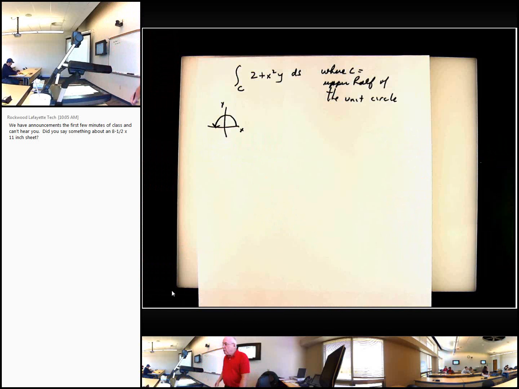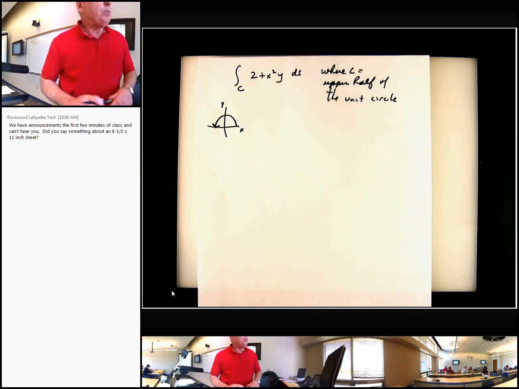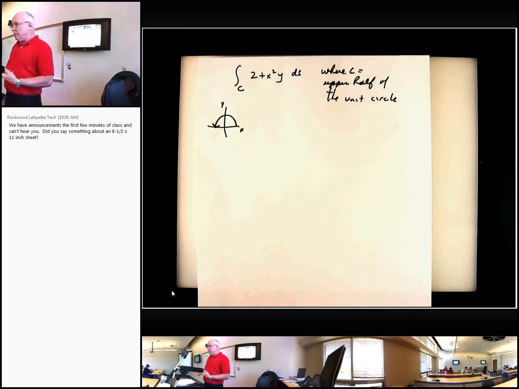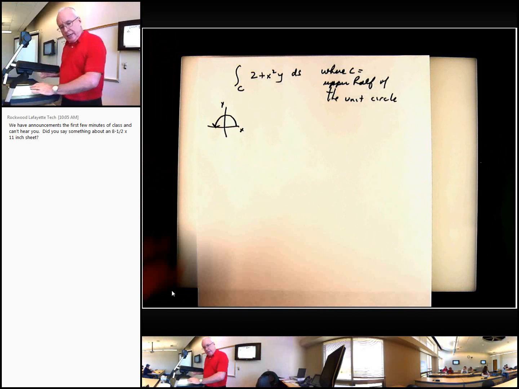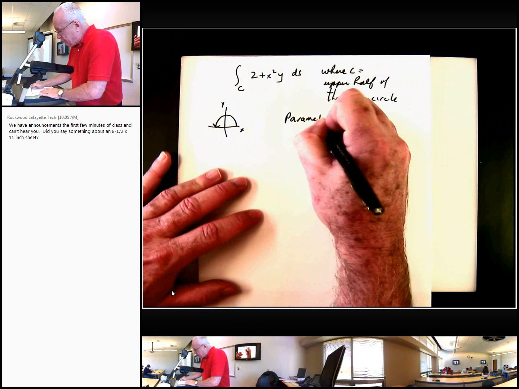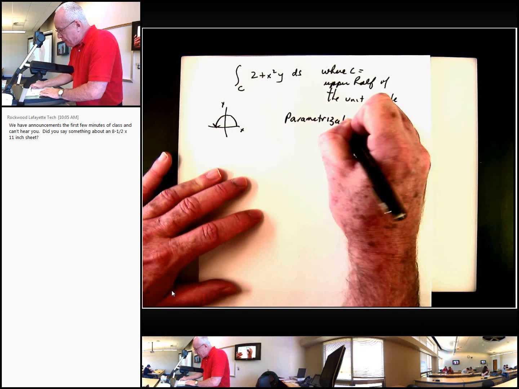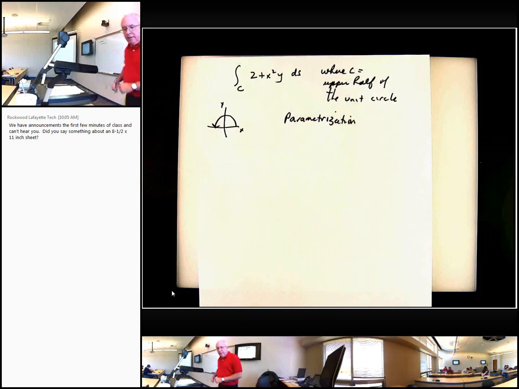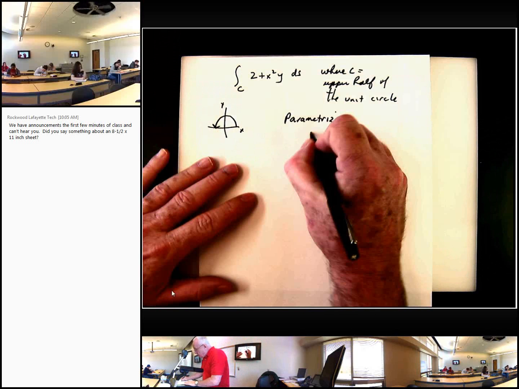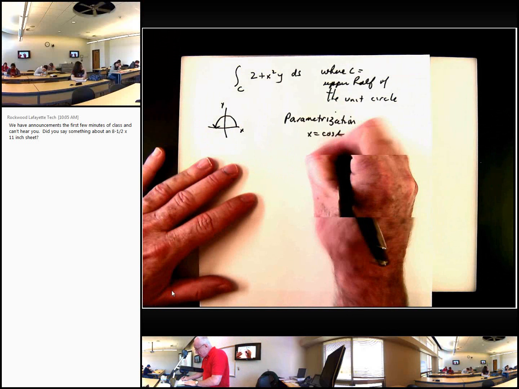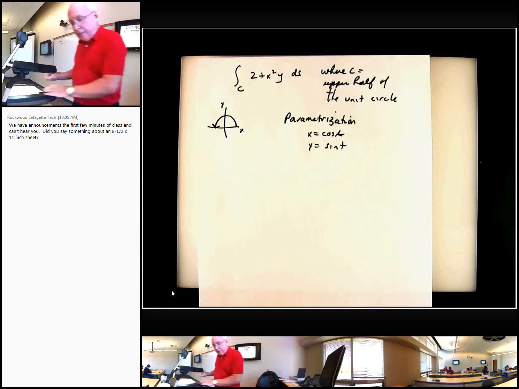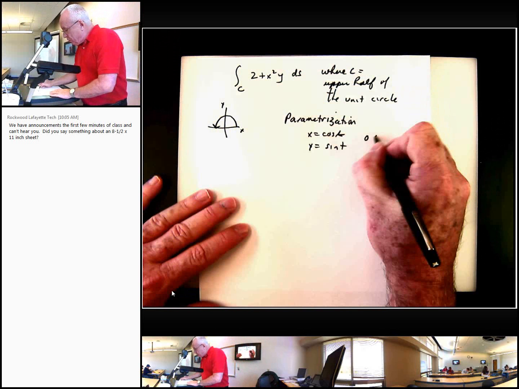Okay. So first of all, in order to evaluate this, we have to get a parameterization for the curve. And every example we're going to be doing, I'm going to keep repeating that same thing. Sometimes we're handed the parameterization, other times we have to figure it out. In this case, it shouldn't be too difficult to figure out that x equals the cosine of t, y equals the sine of t, and since it's only the upper half, t is going to go from 0 to pi.